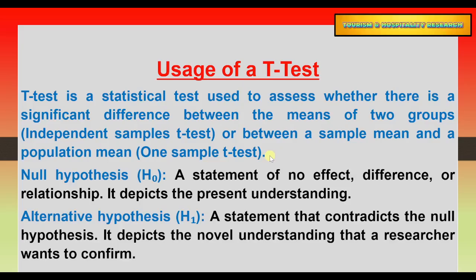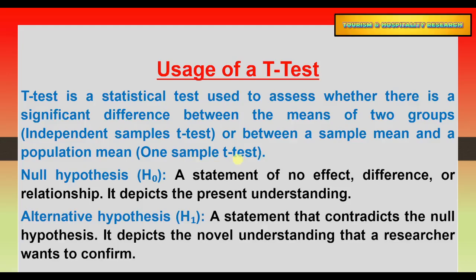There is one more kind of t-test, which is the paired sample t-test, in which you take the readings from the same sample at two different points of time, say for instance before the treatment and after the treatment was given. So you are comparing whether there was a difference in the mean score of the group before the treatment or after the treatment. That is known as paired sample t-test.